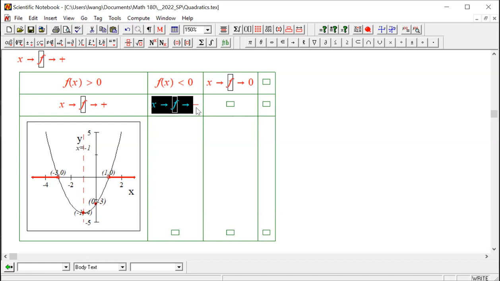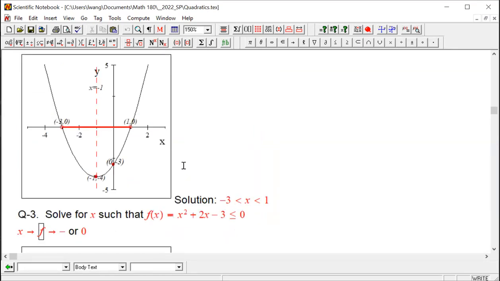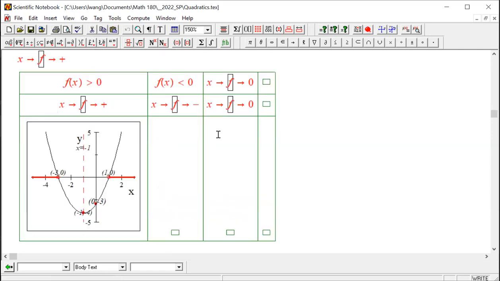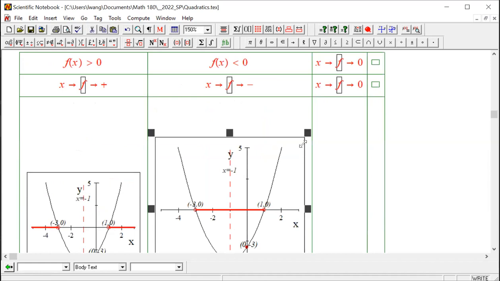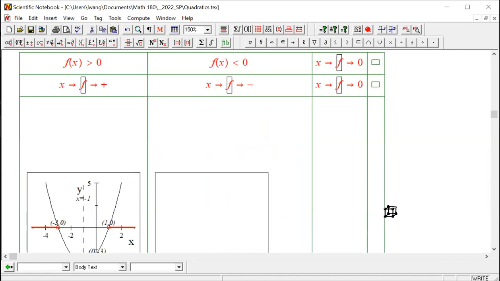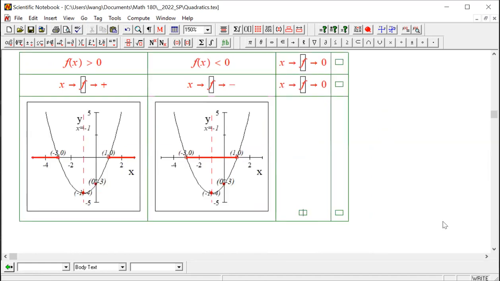Okay, equal to 0. So what's the less than case, right here? What's the equal to 0 case?